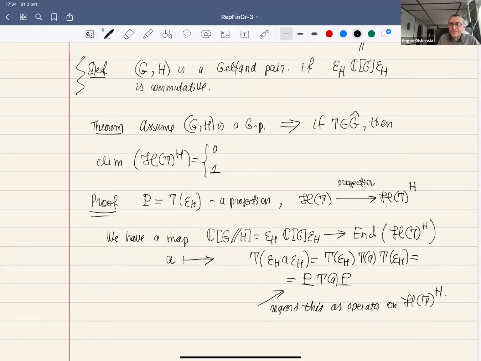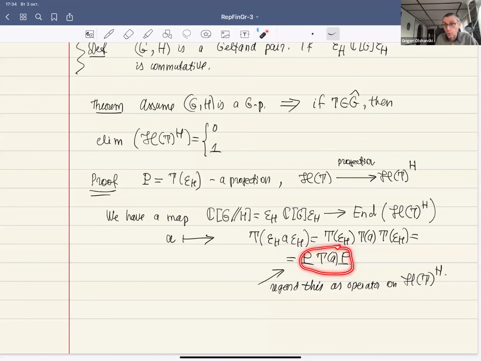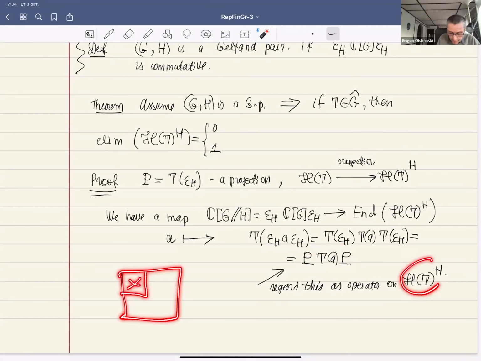So this is the usual thing. If we have some subspace and a projection onto this subspace, then we can consider any operator of such a type, which is an operator on the initial space, but it is essentially the operator on this space because it has this form. Something here, 0, 0.